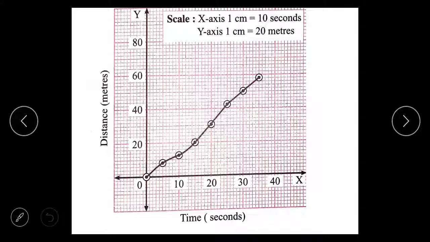But in case of non-uniform motion, you cannot predict what will be the distance covered in the upcoming 10 seconds. If we want to know the distance covered after 50 seconds, if there is one more point, you cannot predict that. So this is the difference between uniform and non-uniform.